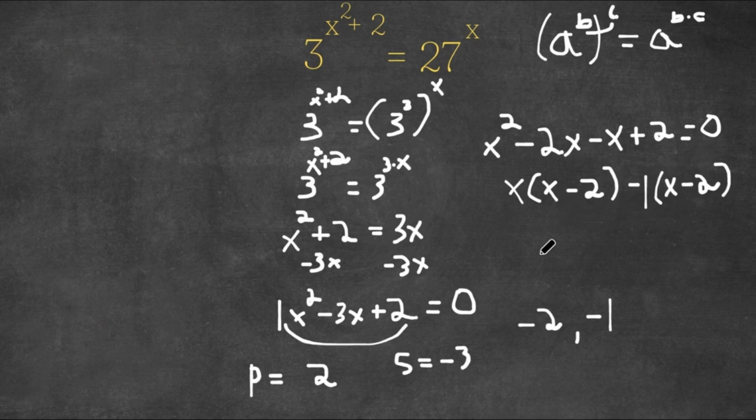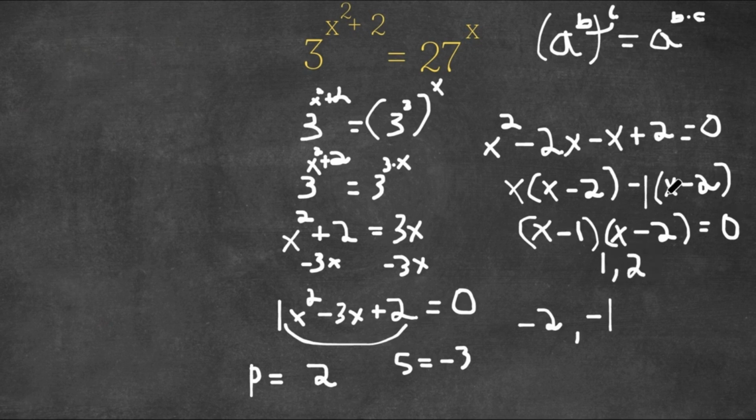Now this is the same thing as x minus 1 times x minus 2. And this is equal to 0. And our two solutions are 1 and 2. Because if you plug in 1, it makes the whole equation equal 0, and same goes for 2. So our answers are 1 and 2.